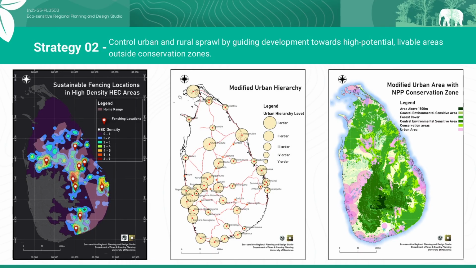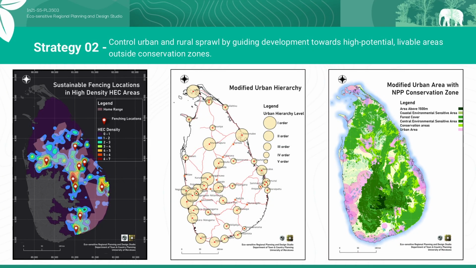This left side map shows some of the communities who are living in the vulnerable zone and are reluctant to move out from that zone because they have already practiced coexistence. So we thought that for those communities, we are providing location-based sustainable fencing, and as I already said, we need to rearrange the hierarchy level of the National Physical Plan.